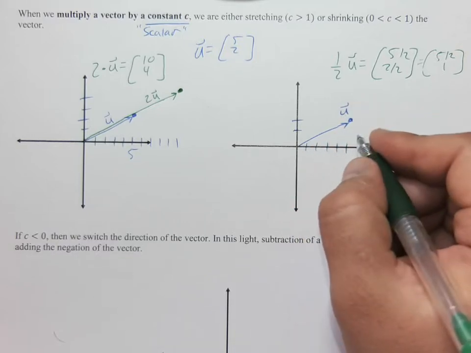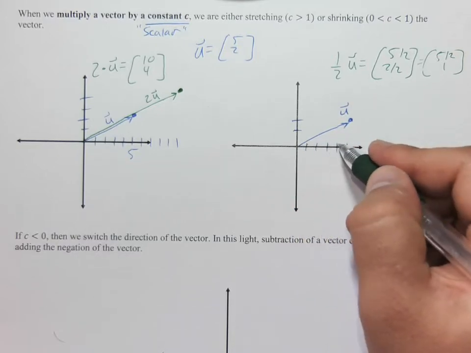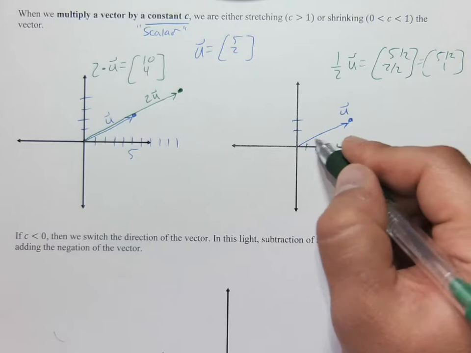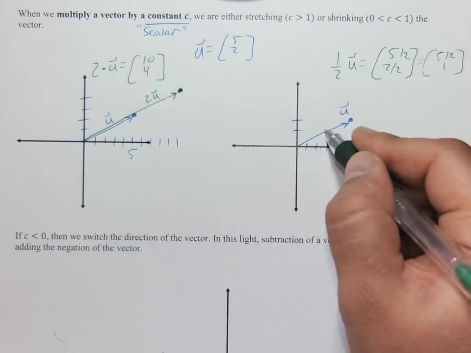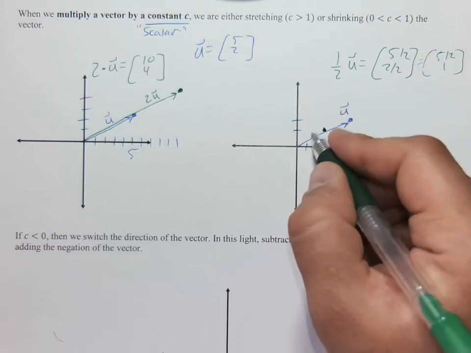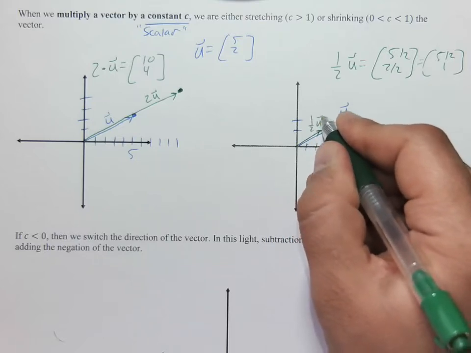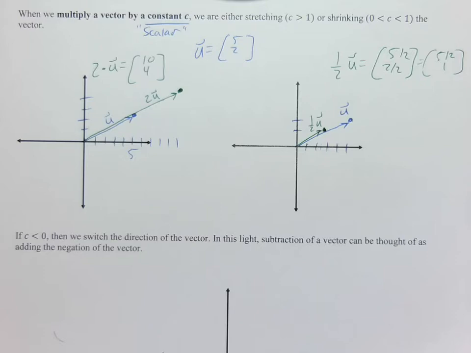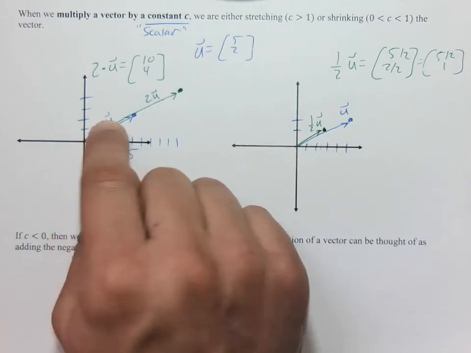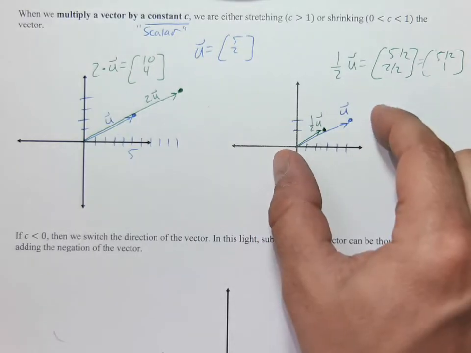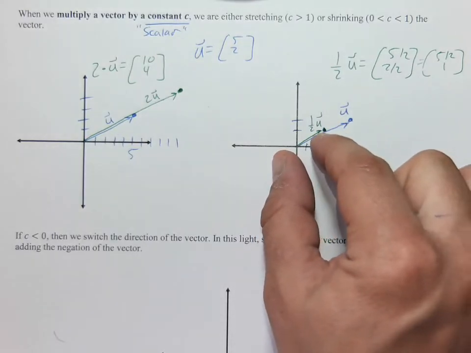It just looks too far for some reason. Anyway, 2.5 would be right here, comma 1, and you can see it's halfway up the line. So the green line there would be 1/2 u. Visually speaking, multiplying a vector by more than 1 stretches it out, and multiplying by less than 1 shrinks it down.